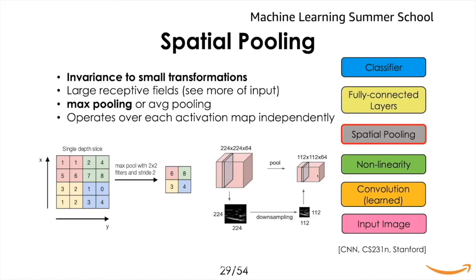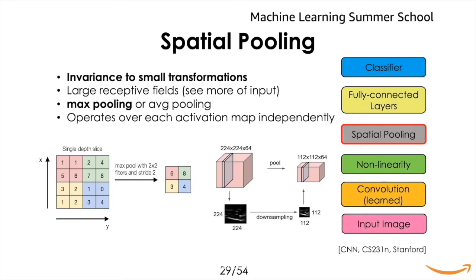So max pooling operates over each activation map independently. The main advantage of the pooling layer reducing spatial dimension is that by having lesser spatial dimensions, you need to have lesser parameters, and this reduces the chances of overfitting. So what is the use of max pooling? Max pooling makes the models invariant to small shifts and rotations in the object, invariant to small interclass differences.